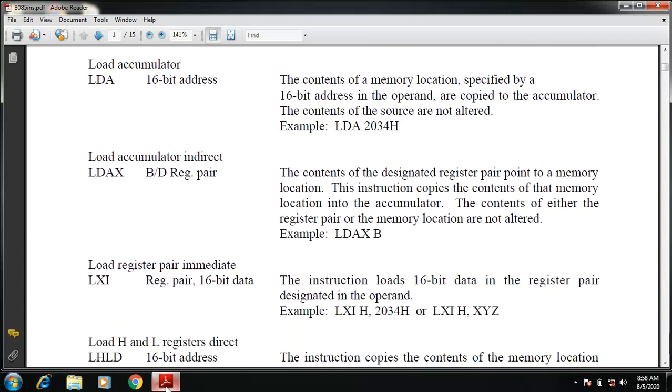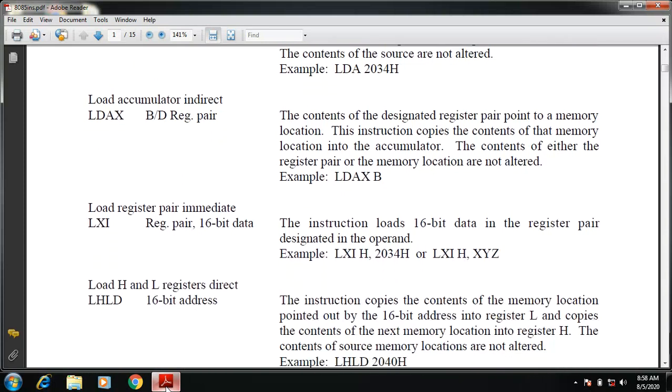Okay, next, LXI, load register pair immediate. LXI register pair comma 16-bit data. Register pair means, for example, H means it is the HL register, because I am taking 16-bit data. The instruction loads 16-bit data in the register pair designated in the operand.